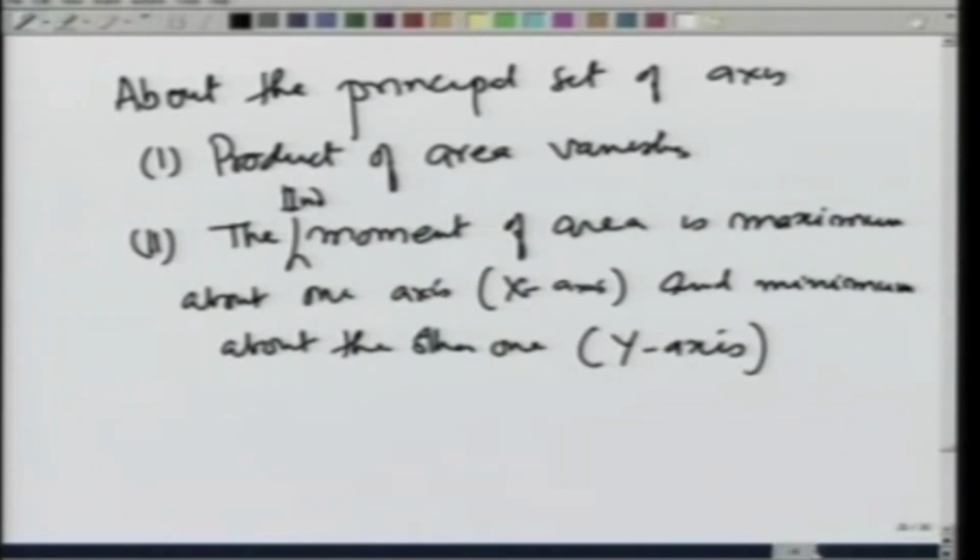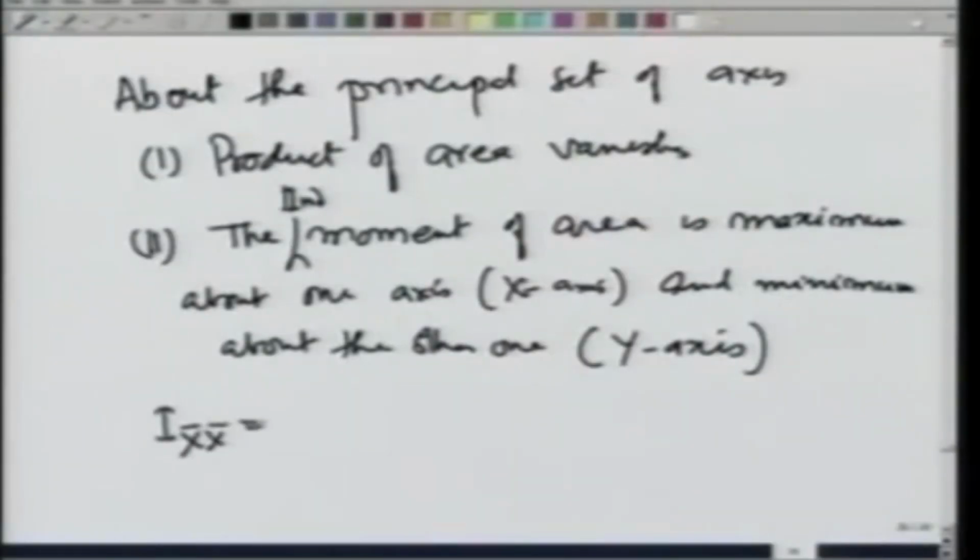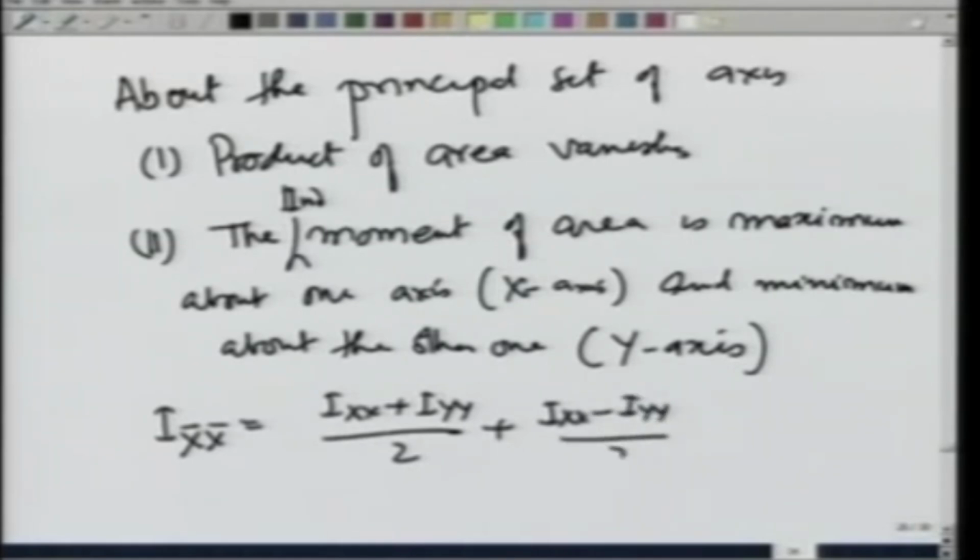So let us look at I x bar, which is (Ixx plus Iyy) divided by 2 plus (Ixx minus Iyy) divided by 2 cosine 2 theta minus Ixy sine 2 theta, and ask for a new frame such that I x bar is a maximum.